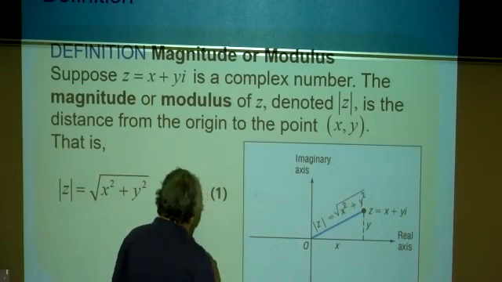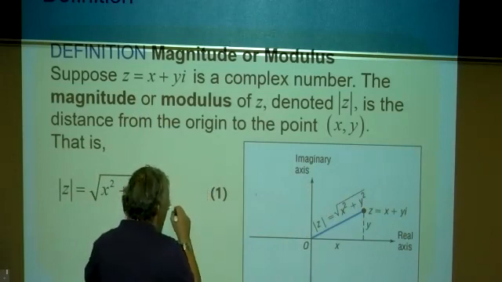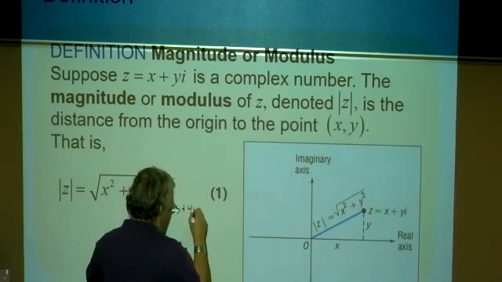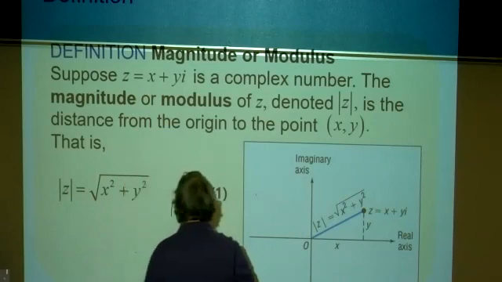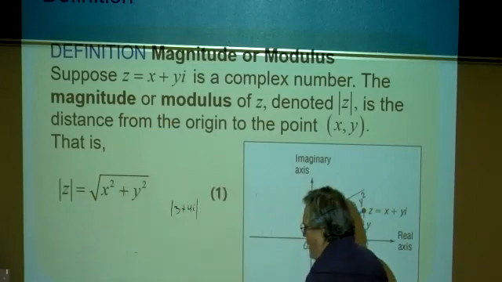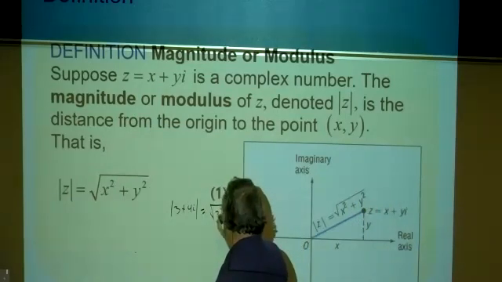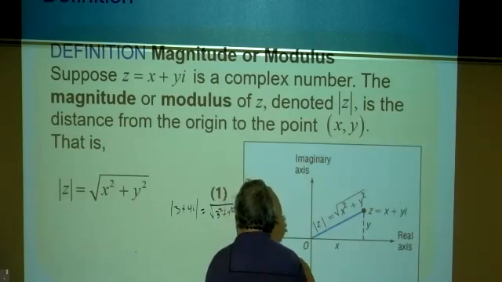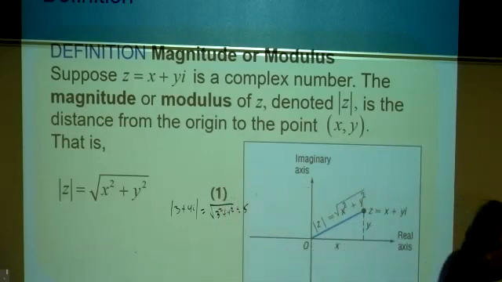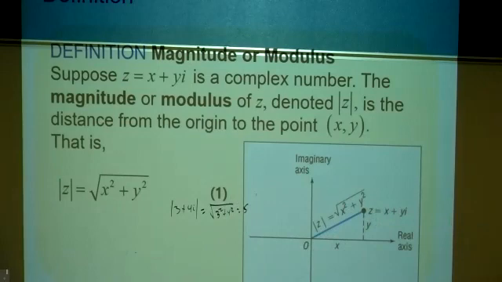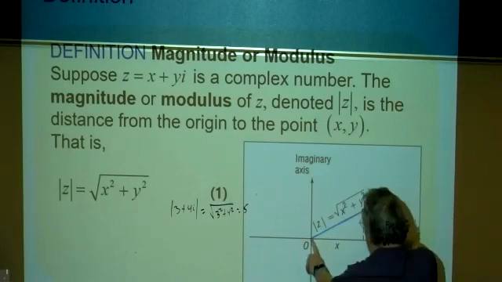So if you have 3 plus 4i, and I want to know its modulus, I write it that way, which becomes the square root of 3 squared plus 4 squared, which happens to be 5, the reason why I chose 3 and 4 in the first place. So that's just talking about this distance.